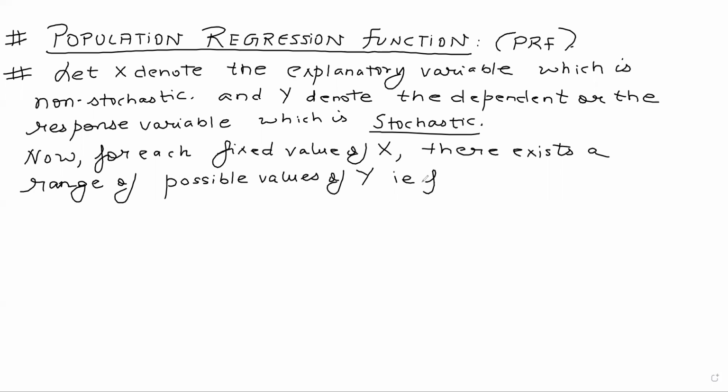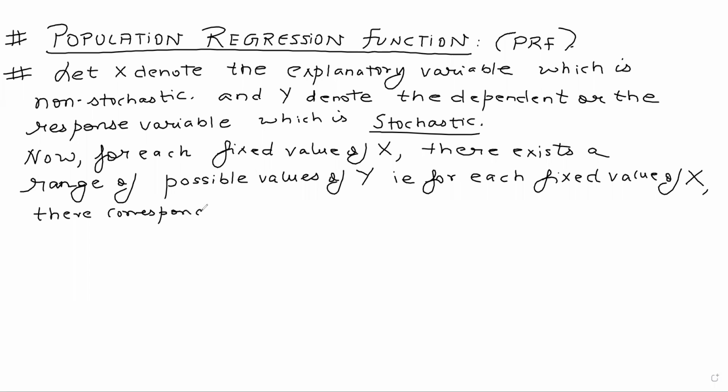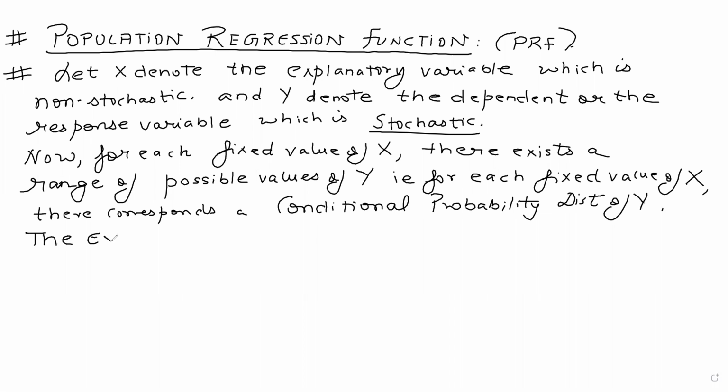That is, for each fixed value of X, there corresponds a conditional probability distribution of Y. The expected value of this distribution is called the conditional expectation.